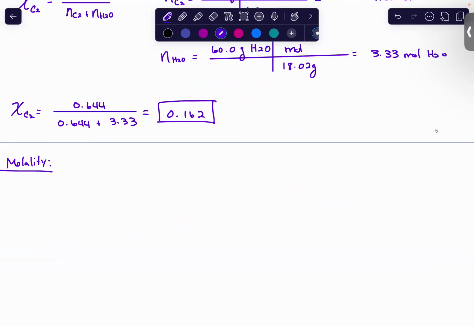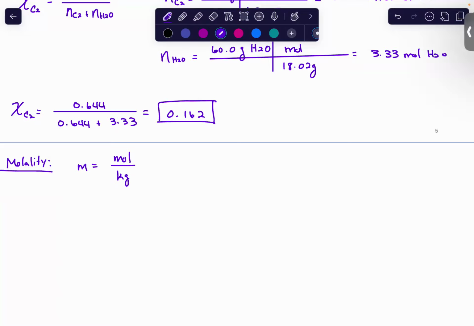And again, this is just the order I did them in. If you're solving problems like this, you can do them in any order you want. Now, we remind ourselves that molality is moles per kilogram. Now, how would I go about this?